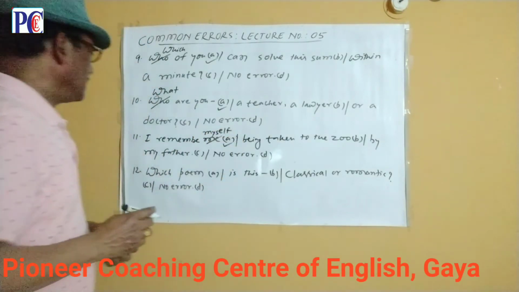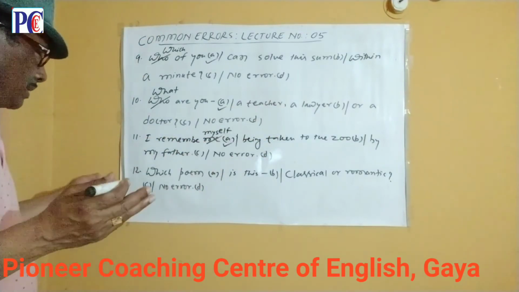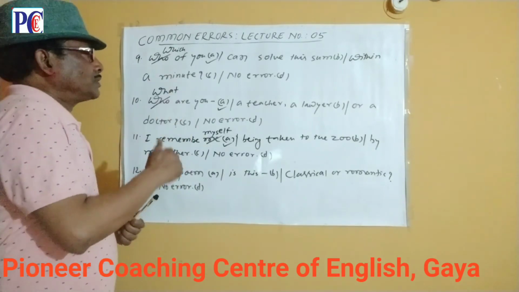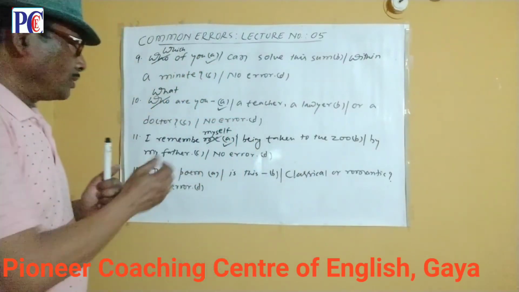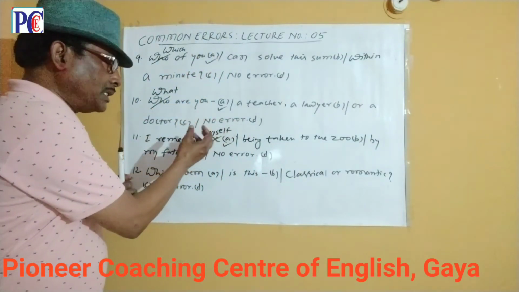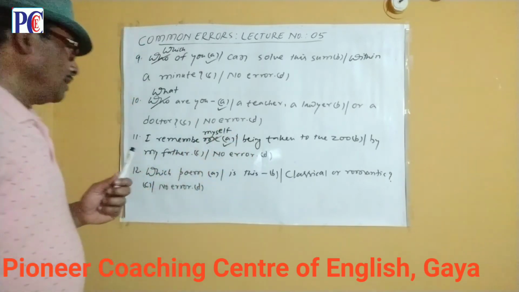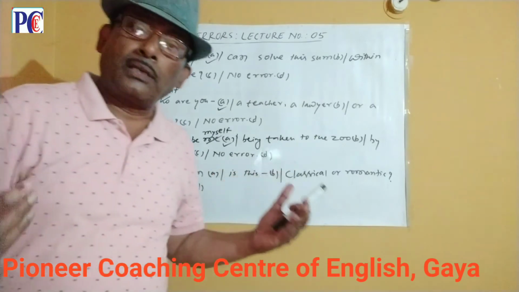Hence the correct sentence is: I remember myself being taken to the zoo by my father. In such a case, when the reflexive is followed by a passive expression, you can avoid using the reflexive pronoun. So students, you can say: I remember being taken to the zoo by my father also.